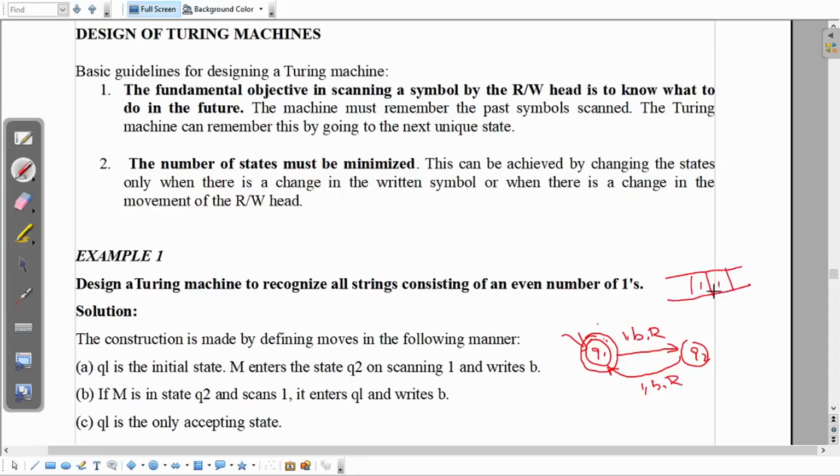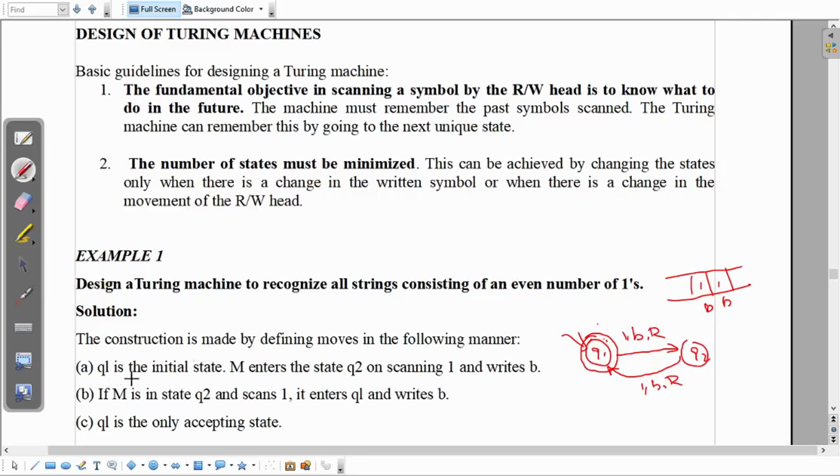Suppose you have only two ones: this will be replaced by B, and this will be replaced by B, so that I will get to know that all the ones are converted into blanks and there are no characters remaining. That is what is explained in the construction.